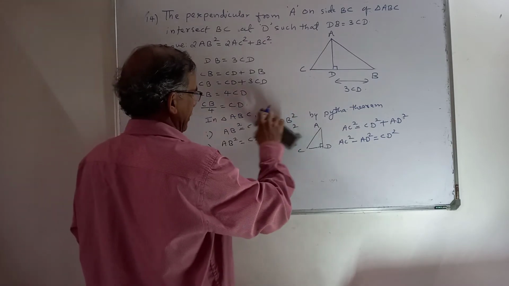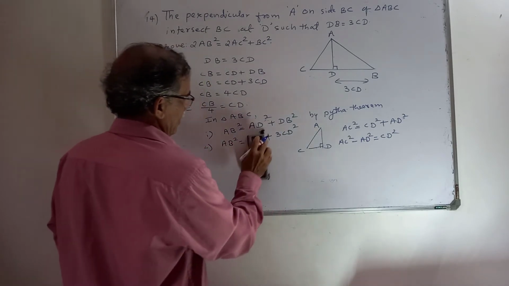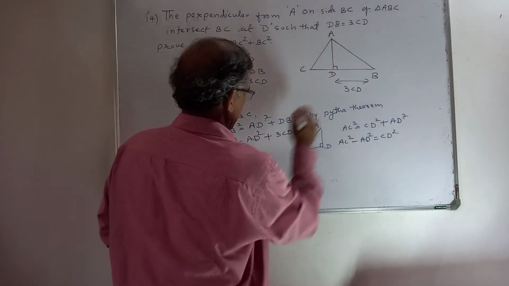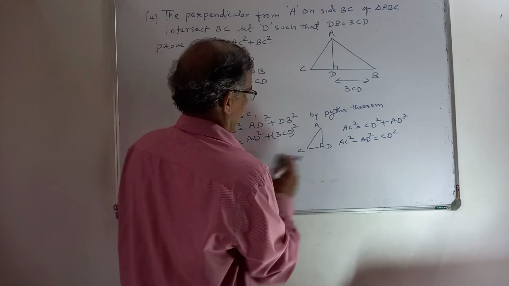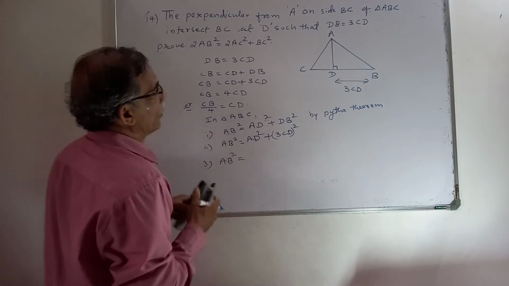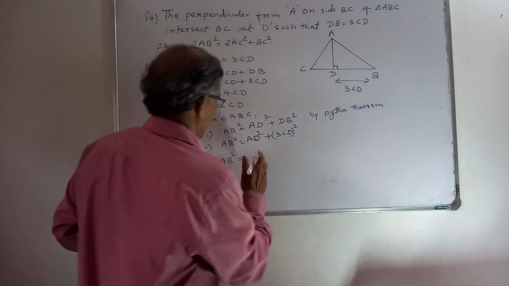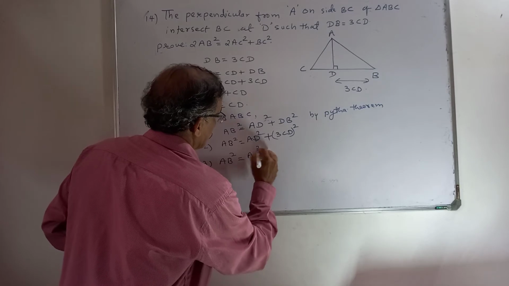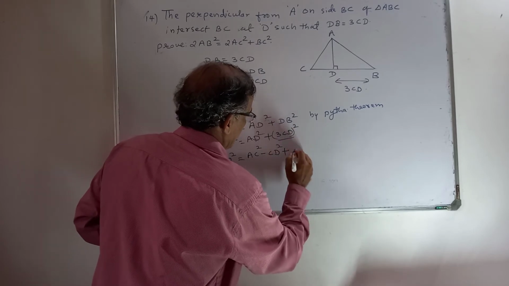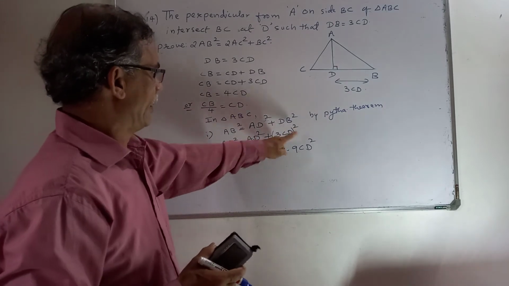Sorry, this is AD square here. So it is AD square plus DB, which means 3CD, whole square. Now AD square means AC square minus CD square, as I just explained. So it is AC square minus CD square plus 3CD whole square means 9CD square.